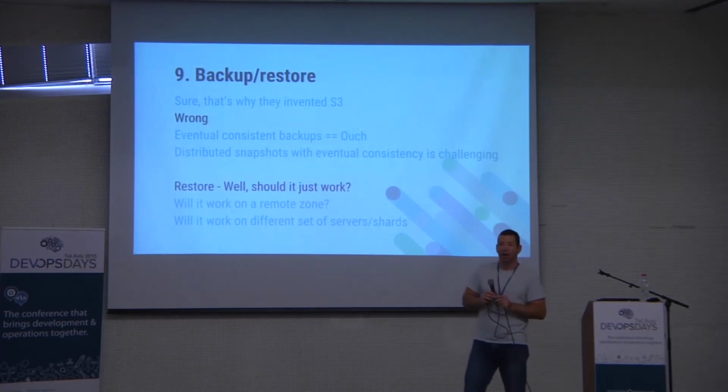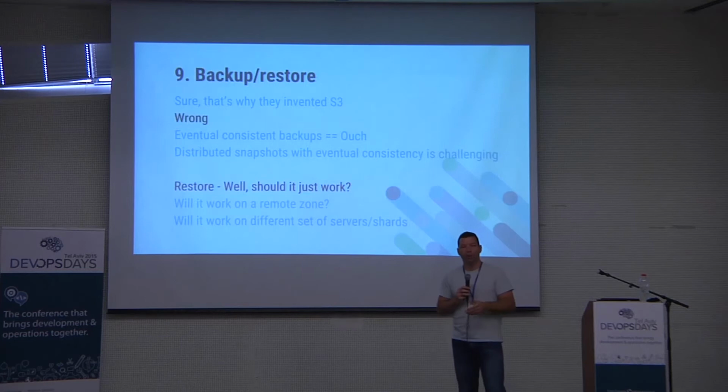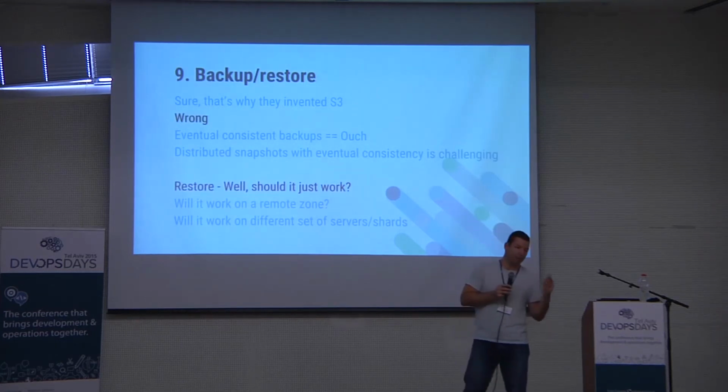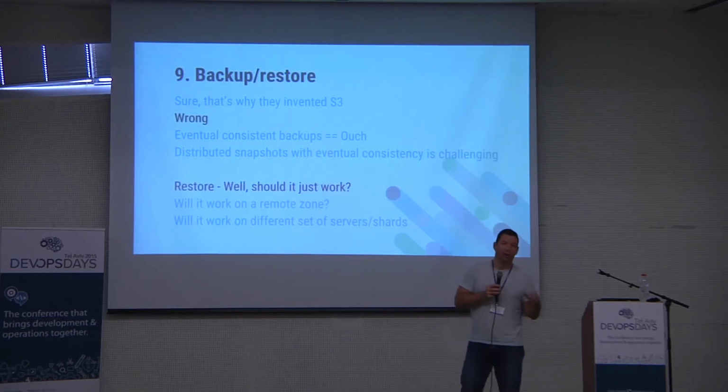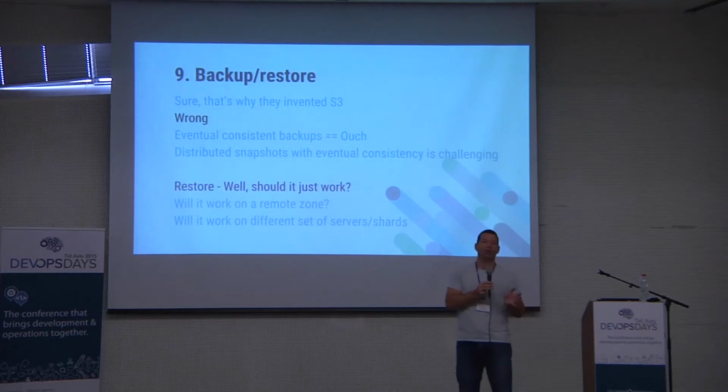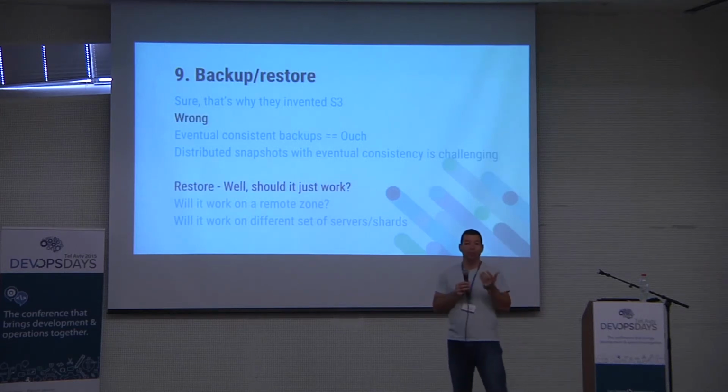Another thing is you may want to restore on a different set of hardware, a different number of servers, especially if you'd like to upgrade your environment. And that's a challenge because if the snapshot was taken per server with all of the sharding in place, now you need to modify it at boot time. That's really challenging. So good tools need to cope with that.